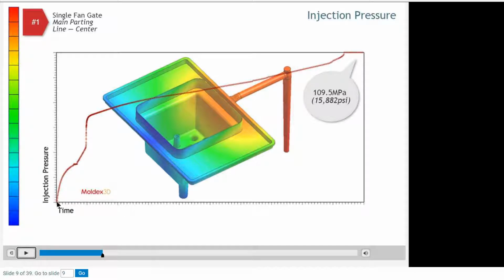And we can tell this injection starts, we fill the sprue, we fill the runner, we get through the gate, and then we fill the part. Very smooth behavior until we reach the switchover point and flatten out because we use the same pressure during the pack process. So this is how you can read these injection pressure curves on your actual machine, and they tell me a lot.